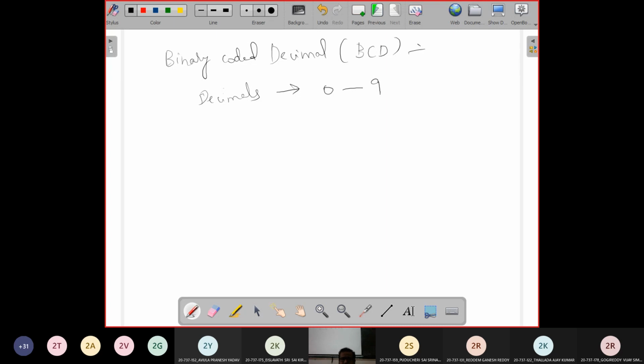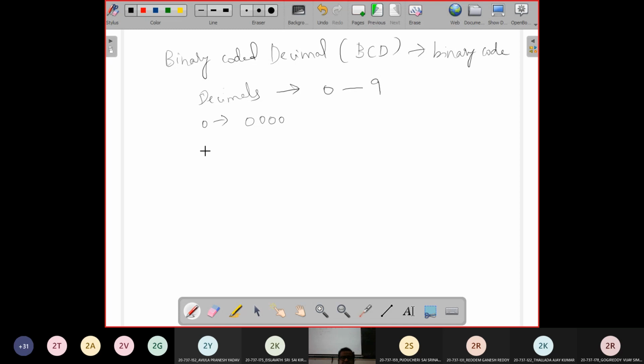So binary coded decimal is also one possible binary code for us. When I say decimals can take the numbers between 0 to 9, I can represent the 0 as something like this.